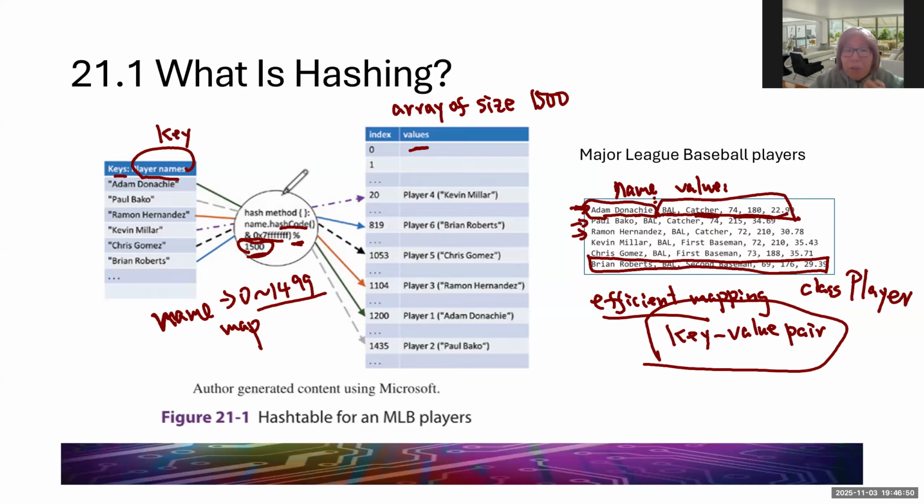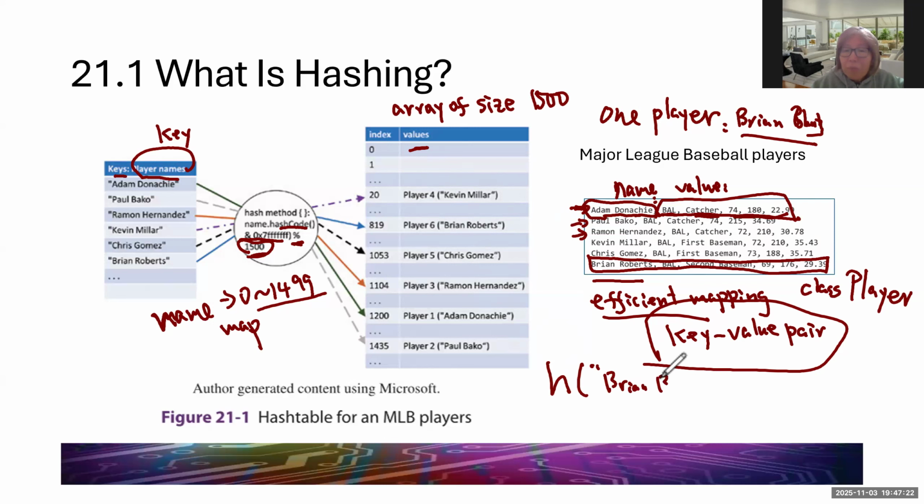Now just think about it: once we have this, if we try to find one player, suppose Brian Roberts, what we can do is plug this name into that hash function.